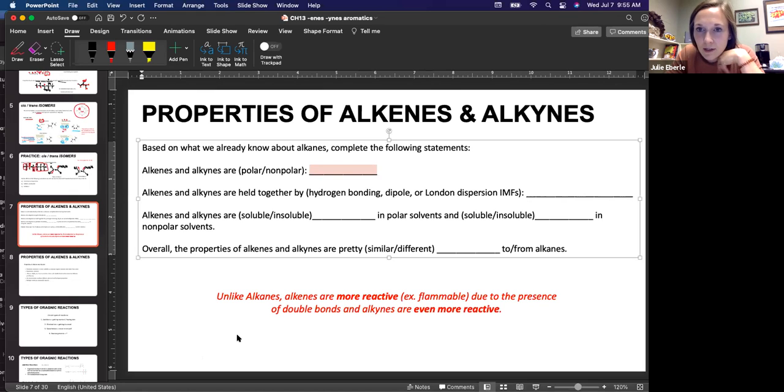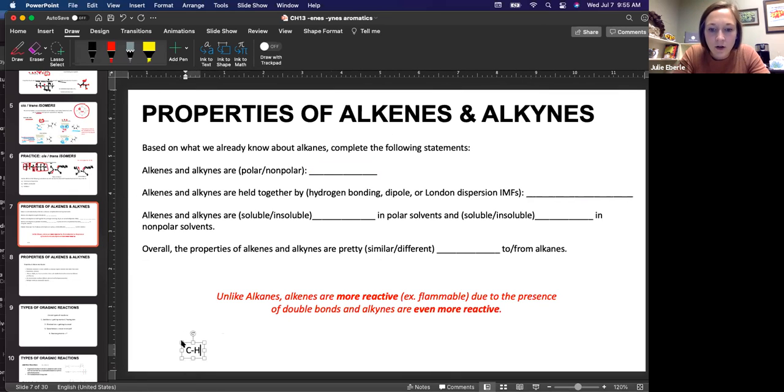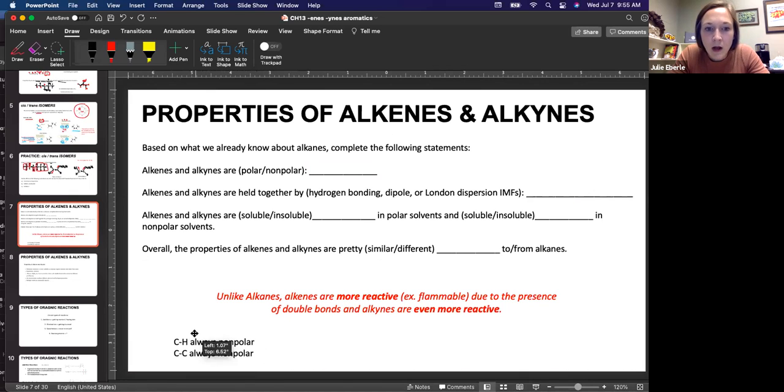We talked about that word electronegative yesterday. Okay, so I'm going to remind you that carbon-hydrogen bonds are always non-polar. Okay, and then carbon-carbon, when you have identical atoms in a bond, these are always non-polar. So if you have a molecule that's primarily composed of carbon-carbon bonds and carbon-hydrogen bonds, is it polar or non-polar?